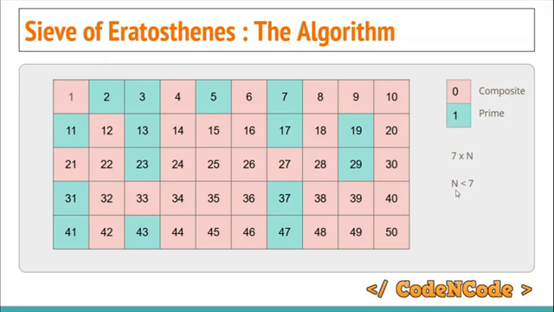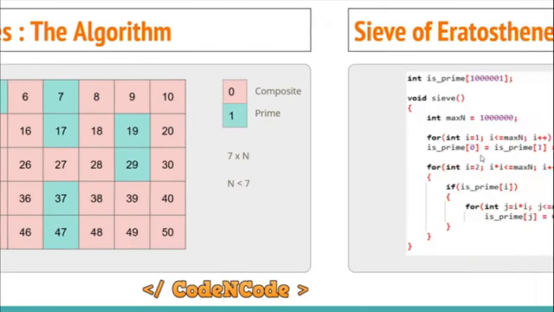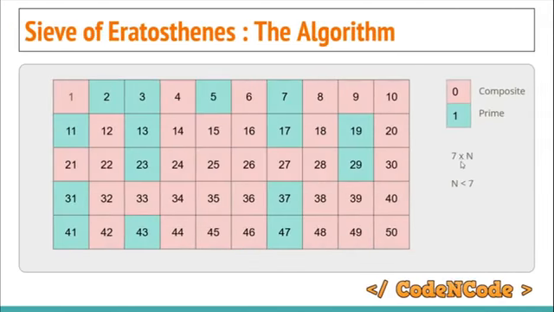For example, if n is equal to 5, of course 5 is smaller than 7, and also 5 is a prime. So if n is 5, it would become 35, and it would already be marked out because of prime number 5. So we don't have to worry about that.